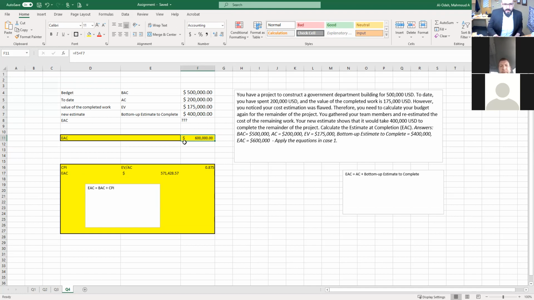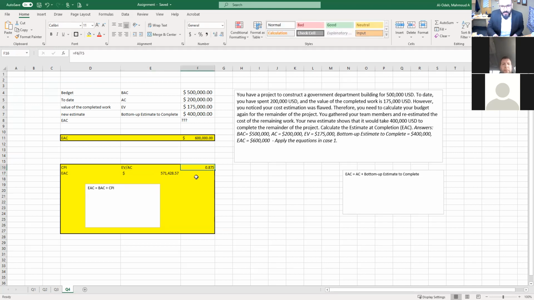Well, I think this is more accurate. What they did here, they went to the work package and re-estimated everything. However, this one is close to the number. If you look, this is closer to this one, but this is the one here because they gathered the team and they reworked the numbers and figured out that the budget will be 400.